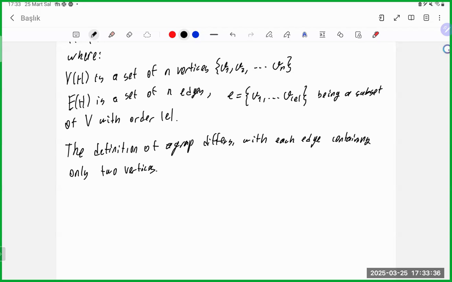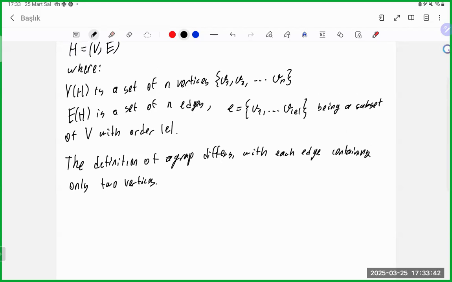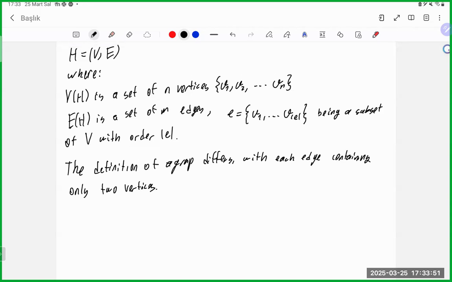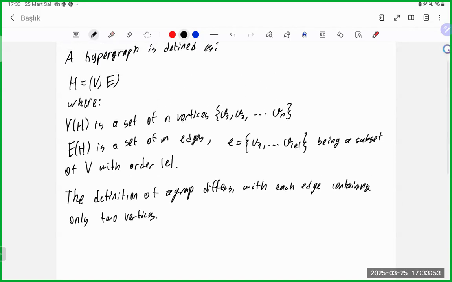Oh, okay, Çağdaş, I have a question. So you're saying E_H is a set of n edges? Not n edges, I'm sorry, m edges. It should be m. Okay, the number of edges could be different, right? Yeah. So the graph differs from a hypergraph in that each edge should contain 2 vertices. For a hypergraph, there is no restriction.